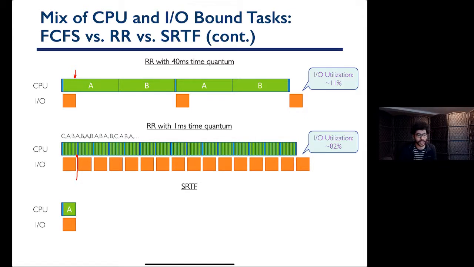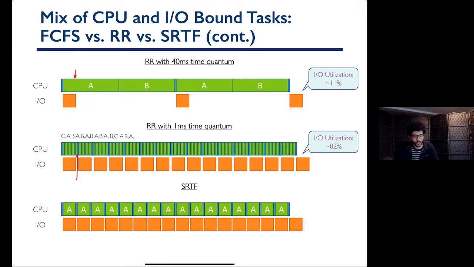Let's say we choose A. And then the moment C comes back, it preempts A because it's the shortest one, because its CPU burst is 1 millisecond. So C is going to interrupt or preempt A, and it's going to run. Then it's going to go for I/O, and we resume A, and so on and so forth.